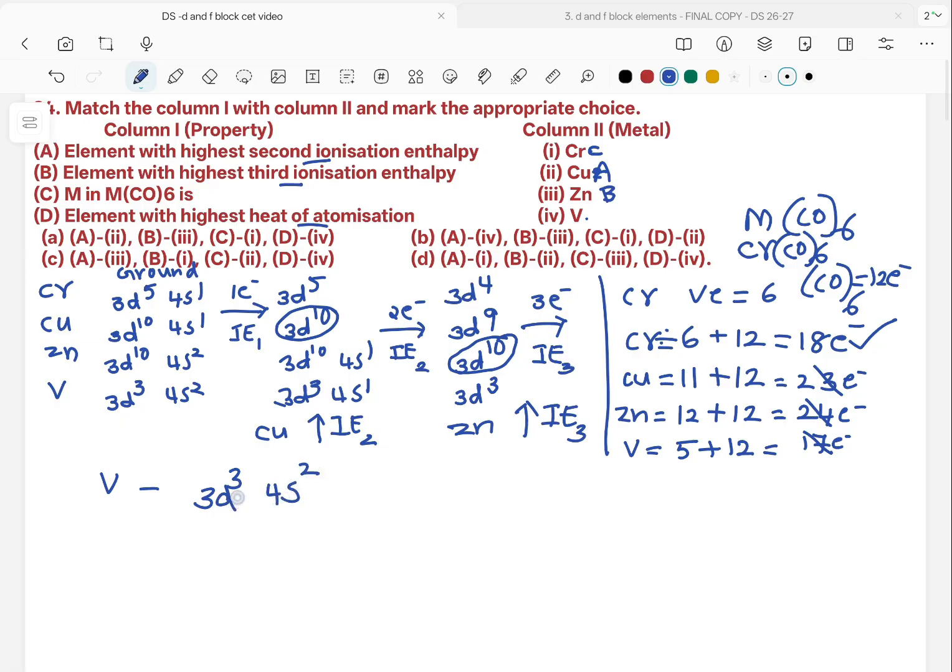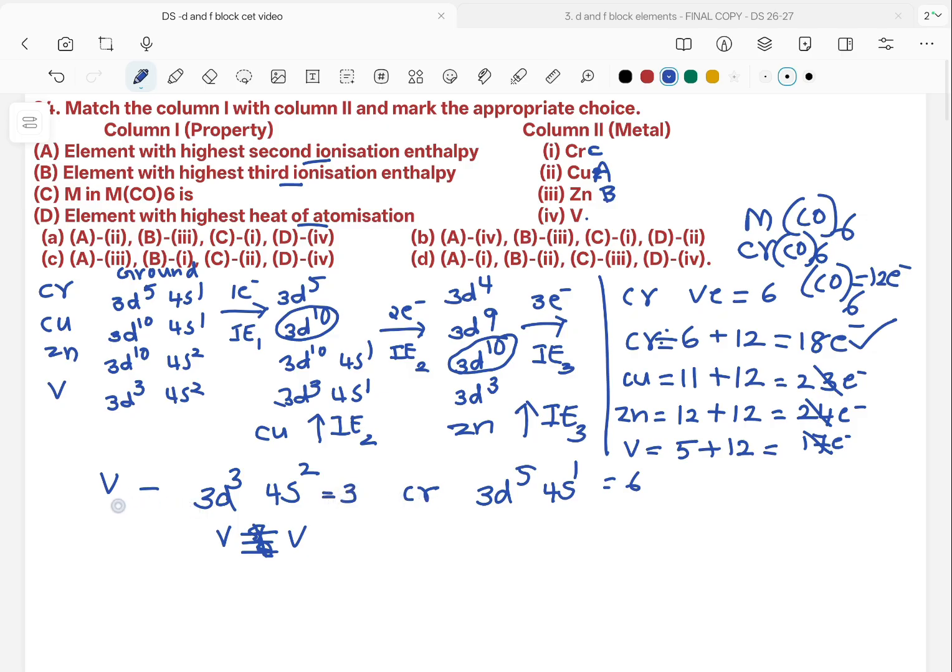Here 3 electrons are free to be involved in interatomic metallic bonding between the vanadium atoms. This way, the strong interatomic metallic bonding will increase their heat of atomization. When we look at chromium, chromium has 3d5 4s1 electrons. The unpaired electrons here are 6, whereas in vanadium it is 3 unpaired electrons.